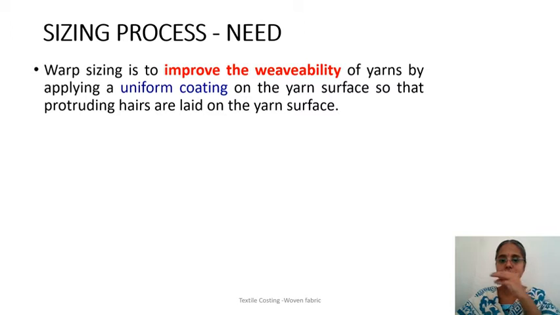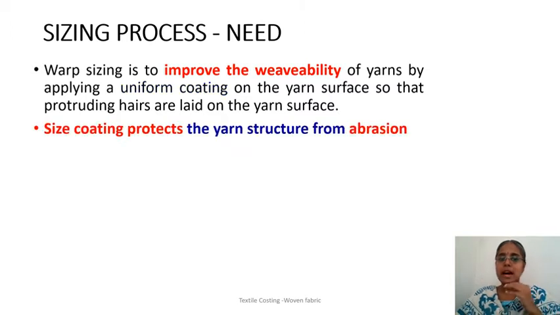This size paste protects the yarn surface. If it does not have the hairs like this, it will not abrade with the nearby one, and there will be no friction or any cuts due to abrasion. So it will move smoothly. Else, if there are some protruding hairs, then they will mingle with the others and there will be warp breakage.